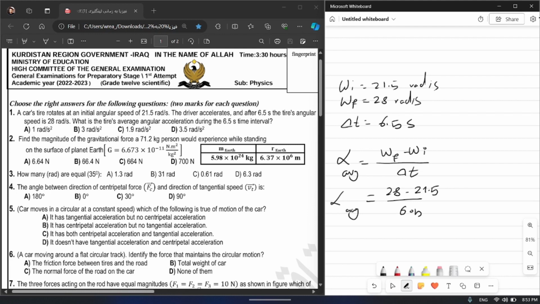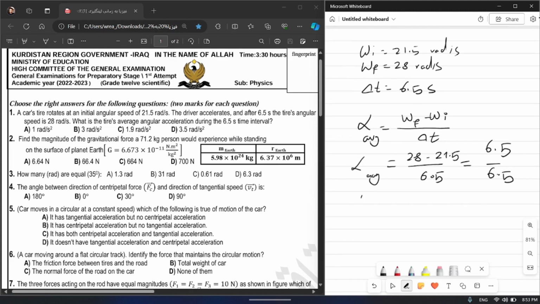That is 6.5 divided by 6.5, because 28 minus 21.5 is 6.5. Once you divide it, the average angular acceleration equals 1 radian per second squared, because this is an acceleration. So here's the answer to the first question.